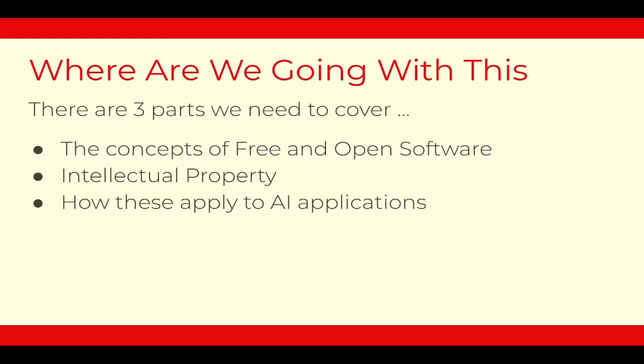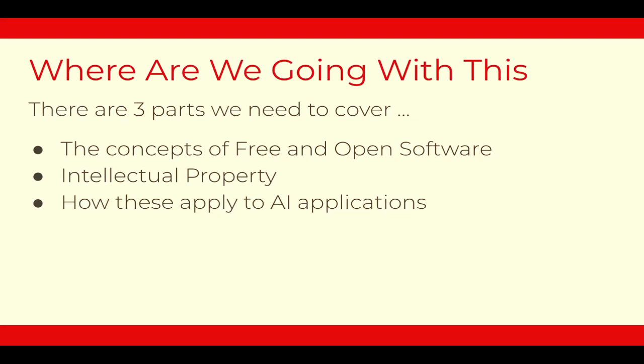Open source and AI is a topic that is just starting to get some attention. So I wanted to take this opportunity to talk about what open source actually means and how we can actually apply it to AI. We're going to use the first open source AI definition from the OSI, the Open Source Initiative, to give you an idea of some of the concepts and some of the issues that we're looking at.